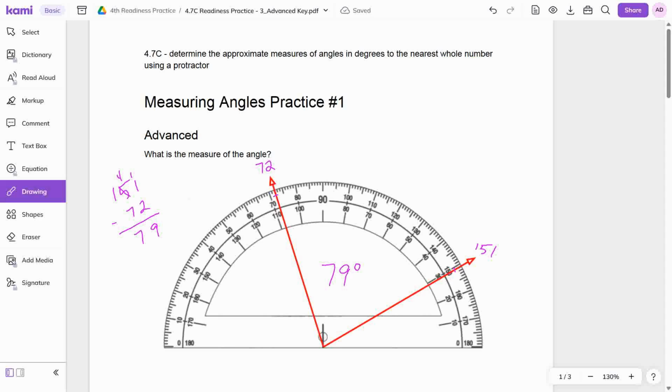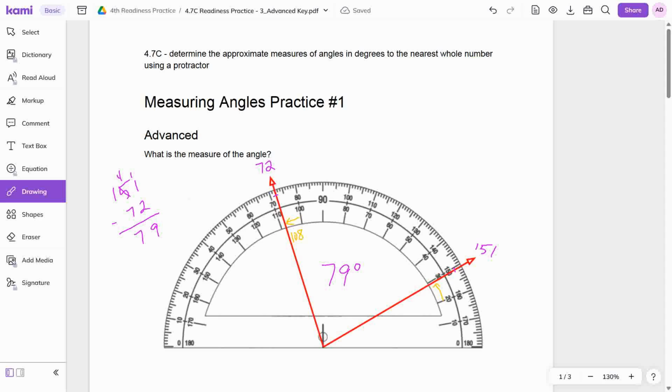Now, we also could choose to look at the inside lines. As long as we do outside outside or inside inside, we're fine. Now, you have to read this a little bit differently because we're going from the 100 all the way up, and it's 2 ticks short of the 110 because you have to look at the way the numbers are moving. So this is 108. And then same with this. We're going from 20 up to 30. It's 1 tick short of that 30.